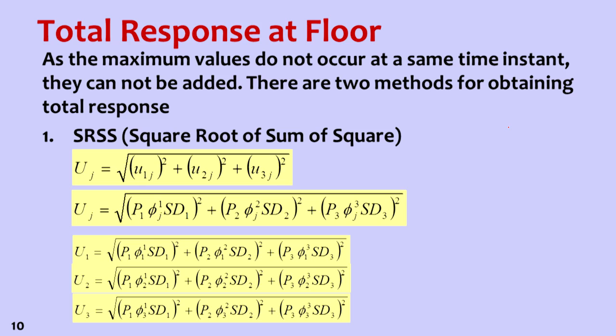We have two techniques which we discussed: the SRSS method, square root of sum of squares, and the second one, the CQC method, complete quadratic combination. We discuss the SRSS method here. The SRSS method is used when there is a distance between the mode shapes or eigenvalues. If eigenvalues are very well separated, then we can go for the SRSS method.